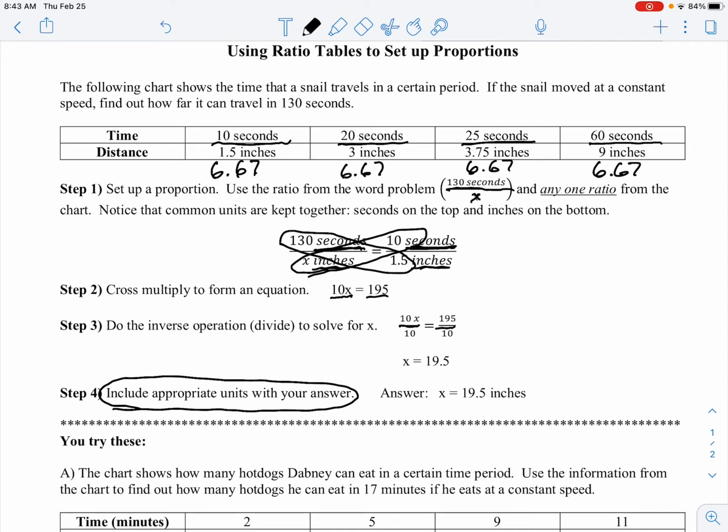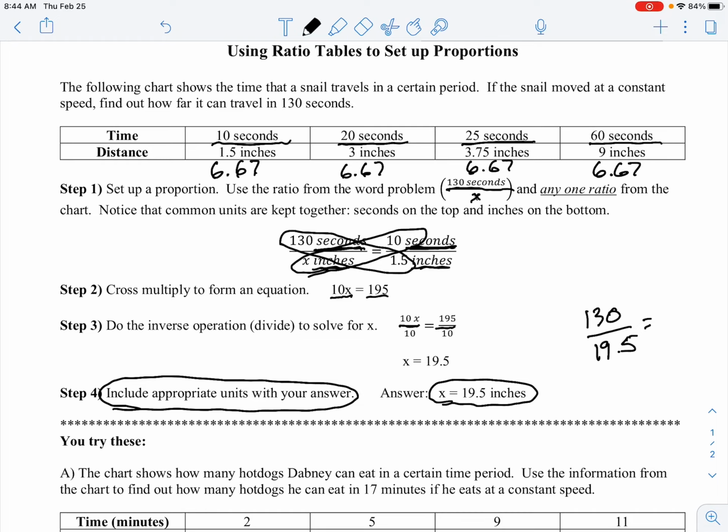So 19.5 inches is what they get for their answer here. And then let's test it out. So we were worried about 130 seconds divided by those 19.5 inches, what do you think that ratio is going to turn out to be?